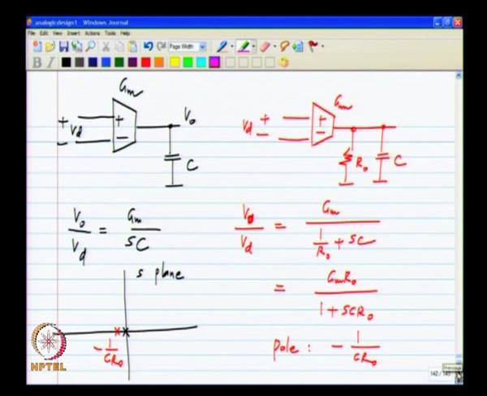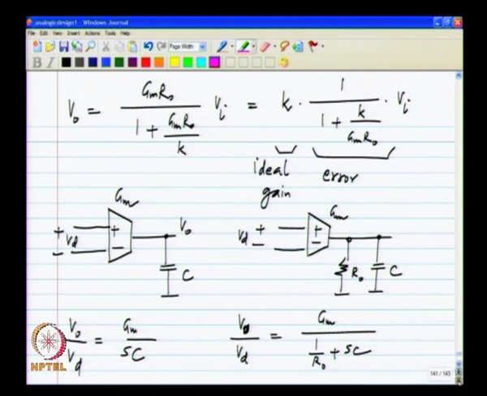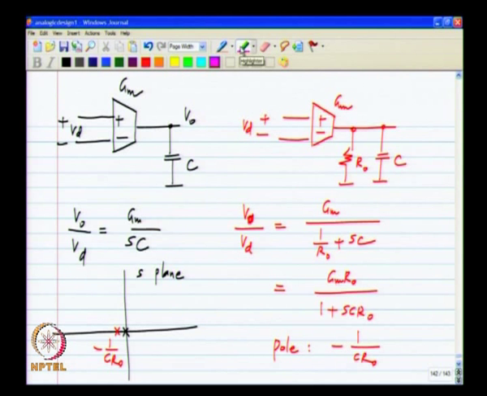So, in circuit terms what this means is that at low frequencies all of the current from Gm goes into R naught, whereas in the ideal case the current from Gm always goes into the capacitor. That is a substantial difference, but at high frequencies the impedance of the capacitor is much less than the impedance of this output resistance R naught.